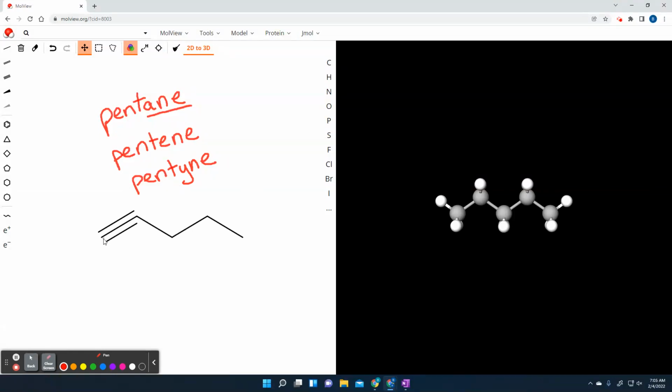So in this case, I put the triple bond between the first carbon and the second carbon. So we would have to call it and identify where that triple bond is. We would call this 1-pentyne. Or if I switch it back to a double bond, this was our pentene example, this would be 1-pentene.